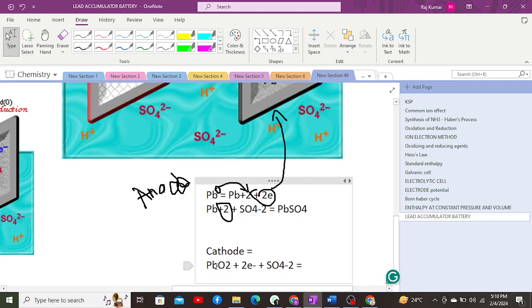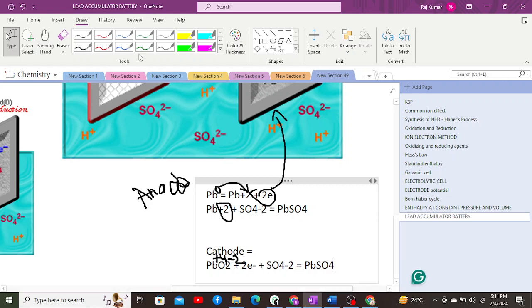Lead here will be reduced. Let's find its oxidation number: it's minus 2 for oxygen, so minus 2 times 2, and here we have 4 as its oxidation number. After the reaction, lead will form lead sulfate.